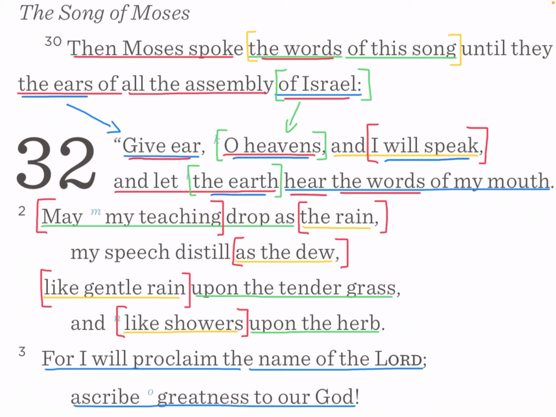It's just the identifying factor of Israel directly being called the heavens and the earth. And that's exactly what we have with this judgment against them. For God has said to Moses, this people, Israel, will rebel against me. Now teach them the song.